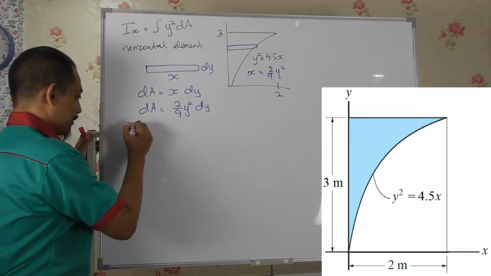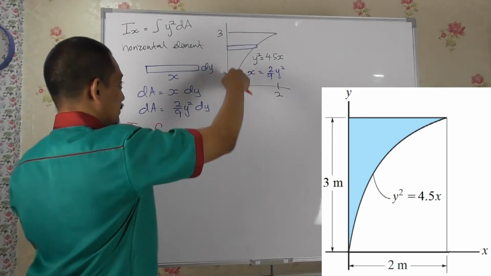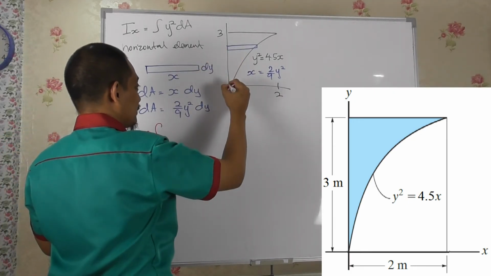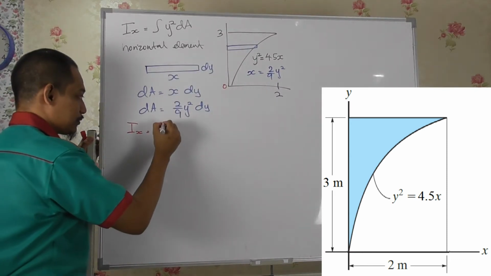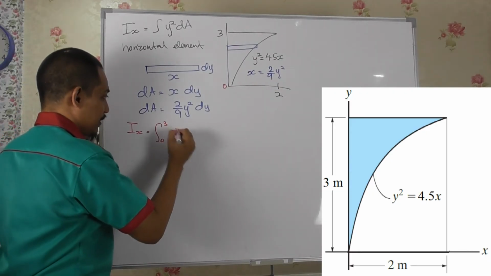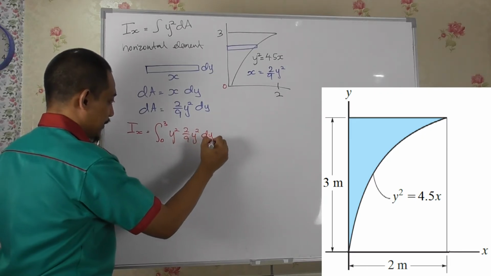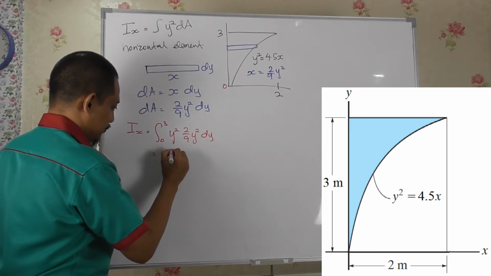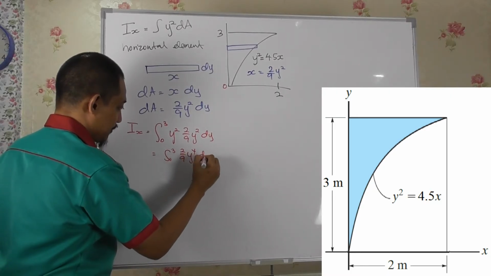So Ix becomes the integration from where? The limit for this way of element is, the first element is 0, the last element is 3, so from 0 to 3. And then y squared, and then dA, which is 2/9 y squared dy. So basically from 0 to 3, you have 2/9 y to the power 4 dy.